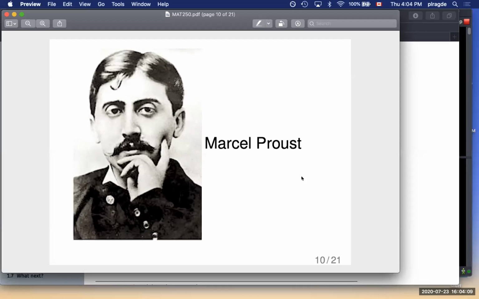In English, the translation is often Remembrance of Things Past, but literally it translates as In Search of Lost Time. That is the translation you'll find in a recent retranslation of the novels.